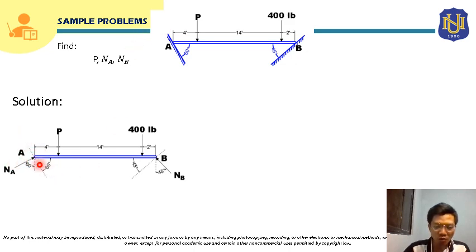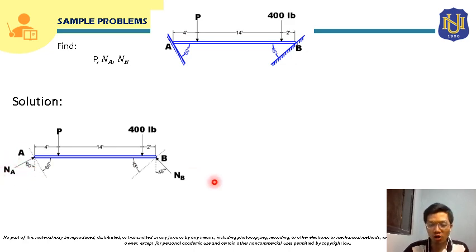If we draw a vertical line here, and this surface is 60 degrees from the horizontal, then the angle of NA from this vertical line will be 60 degrees as well. We will name the normal reaction at A as NA.